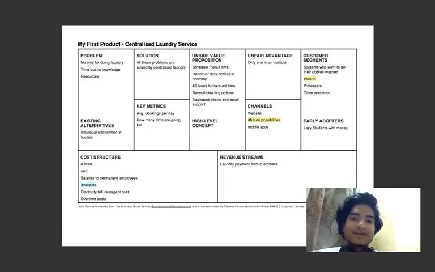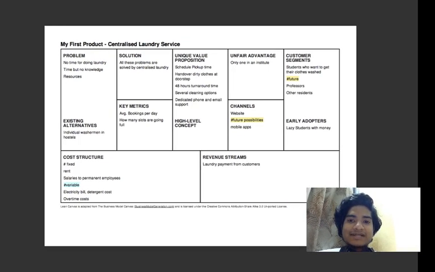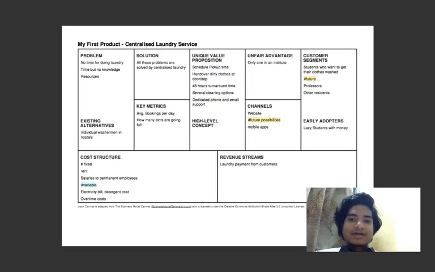What is the unfair advantage that this group has? Unfair advantage is undoubtedly that only one such centralized system is permitted and allowed to function in an institute. So this is an unfair advantage, and there is, as such, no competition in the market.